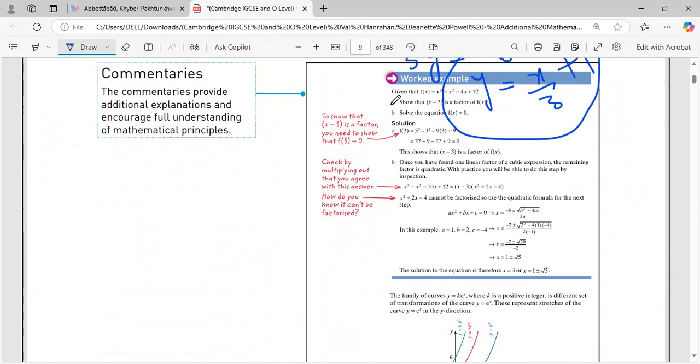Next question is related to factors, and we have to solve the equation. We have to show that x minus 3 is a factor of f of x.